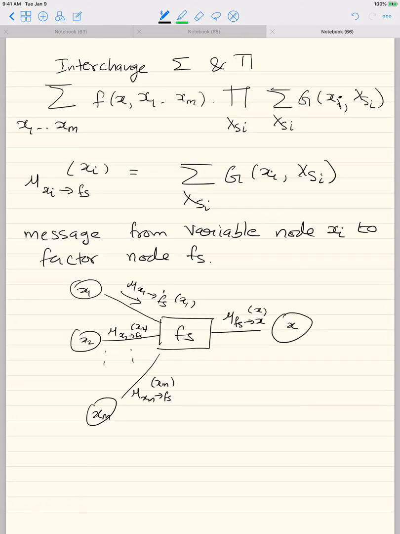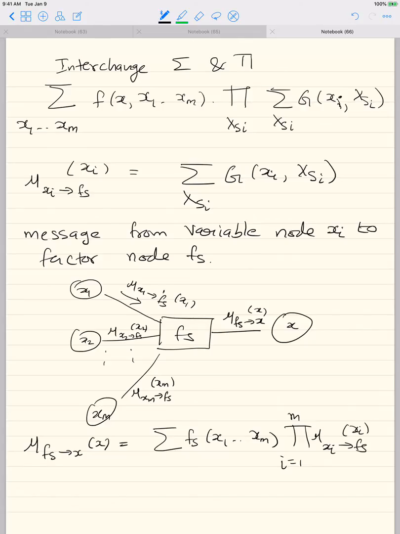And the relation we have is that mu of fs to x is the summation of fs of x, x1 to xm times the product of i going from 1 to m, mu of xi to fs of xi, where we sum, and there should also be an x here, which I missed. The summation is over x1 to xm.